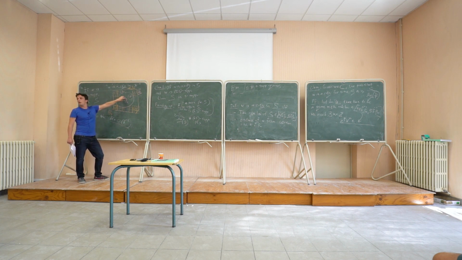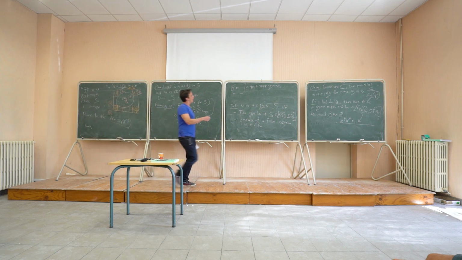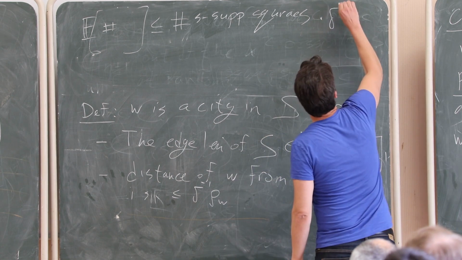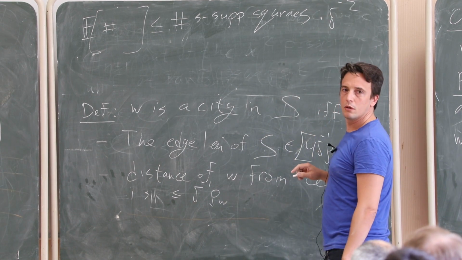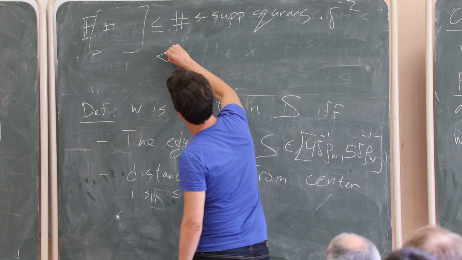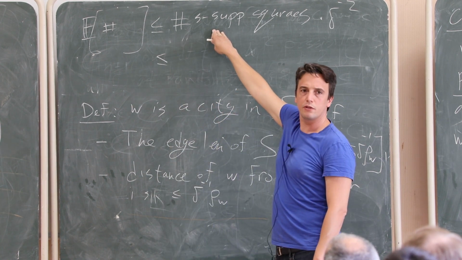So the area of each such point is rho W squared. The total area of the big square is delta to the minus 2 times rho squared. So the total number of points that I could put here that have radius of isolation at least this is no more than delta to the minus 2. So here I will write, this is at most times delta to the minus 2.